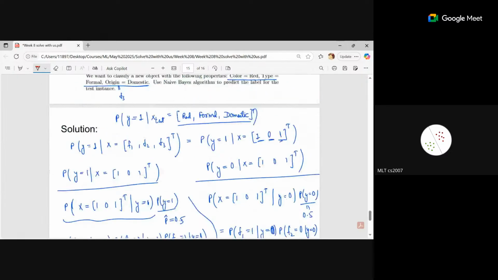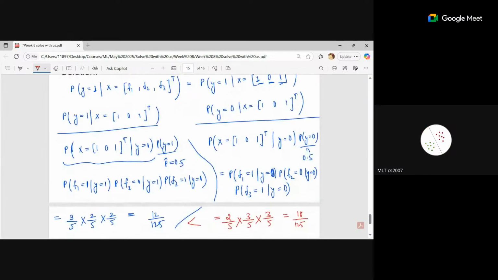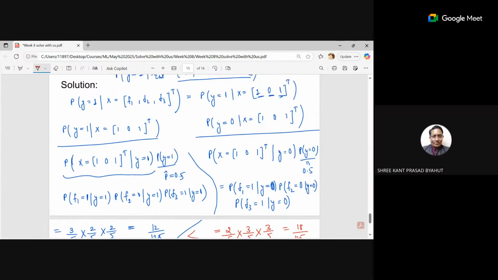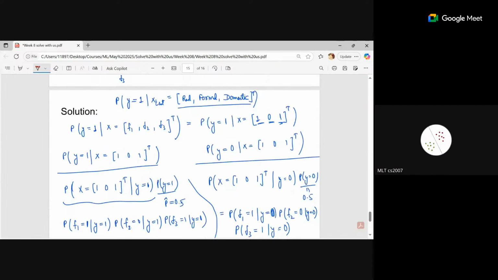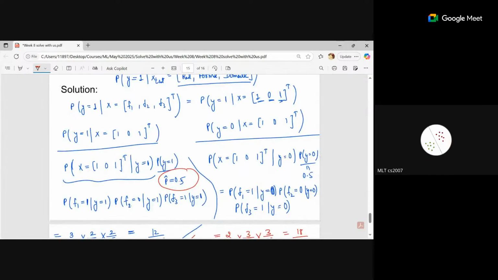Ma'am, we also need to multiply the prior probability. Yeah, I have ignored it because it's just going to be 0.5 for both. I had mentioned it before this. Just comparison is required. In case this was not 0.5, then you multiply and see. Yes, but here it was the same, so I ignored it.